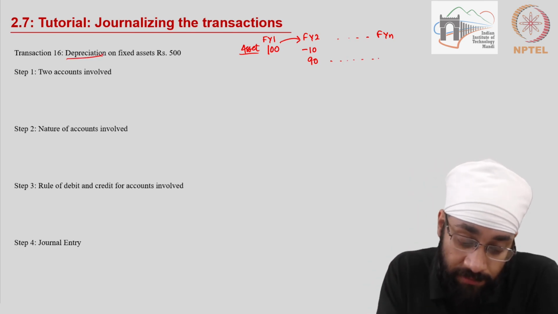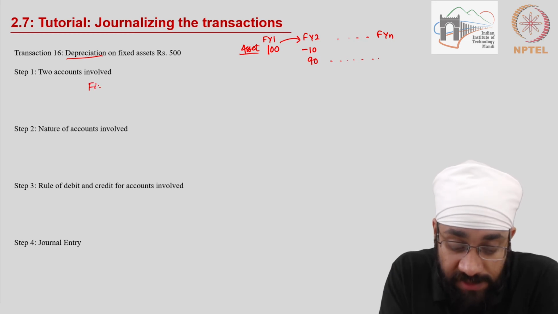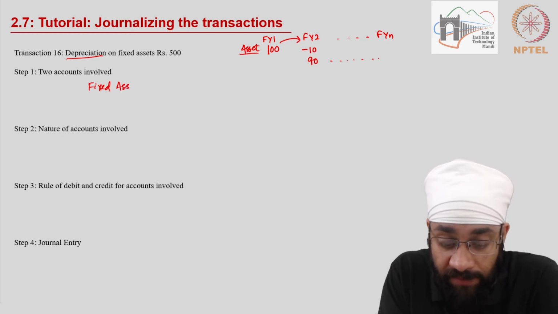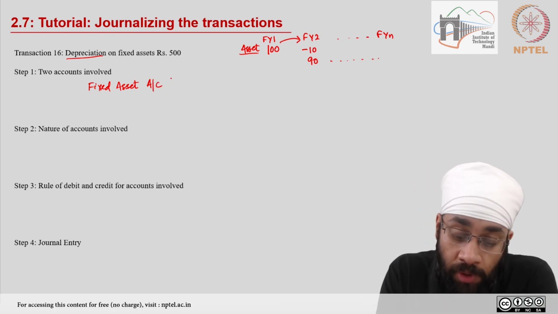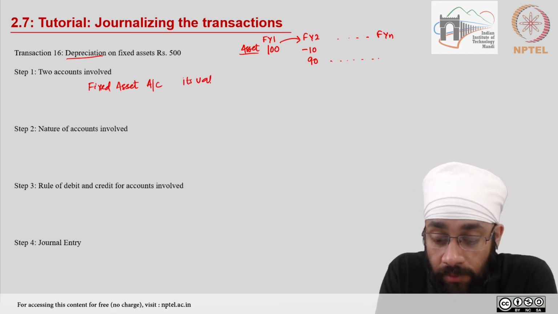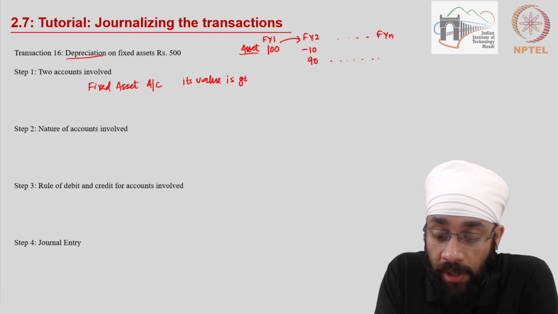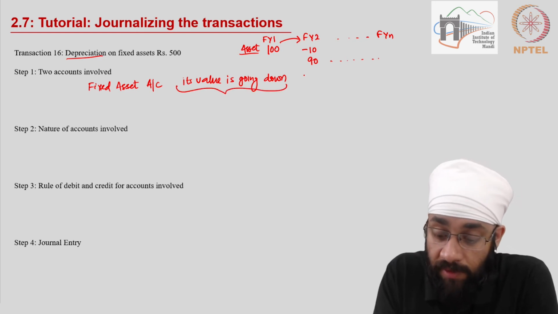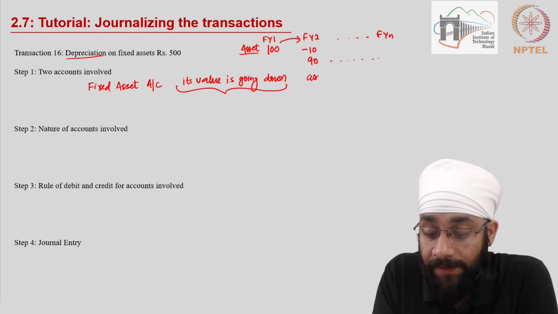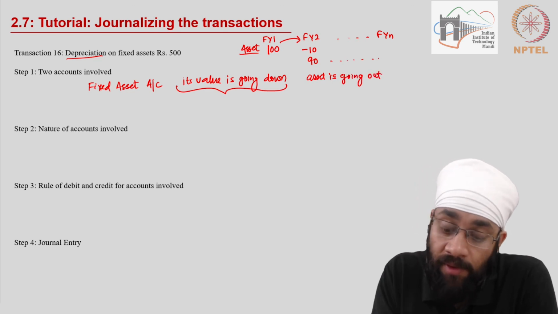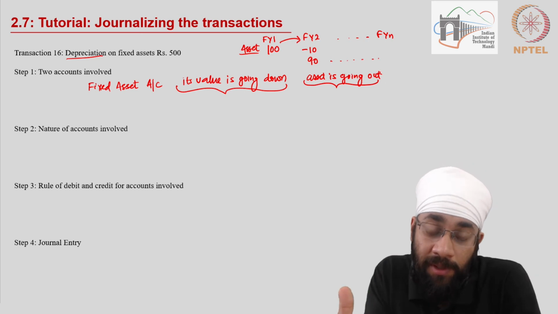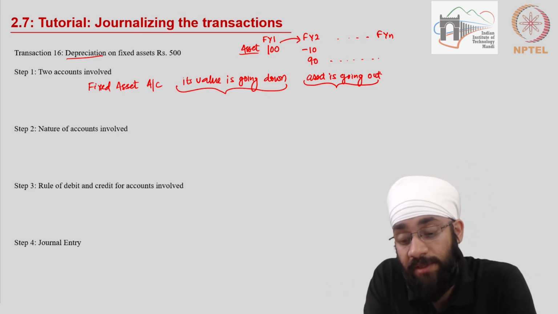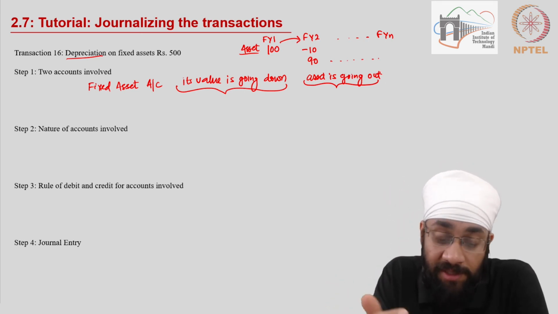So what are the accounts involved? Now the fixed asset, if we had the name of the asset, we would write that. Fixed asset account is certainly involved because its value is going down due to depreciation, which means that an asset is going out of the business equal to the value of the depreciation.